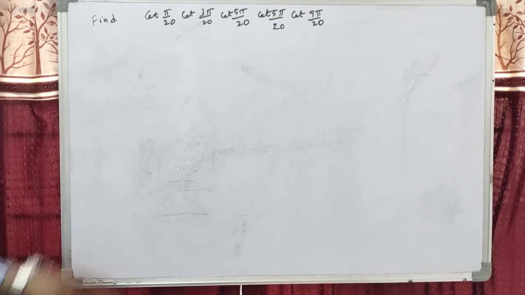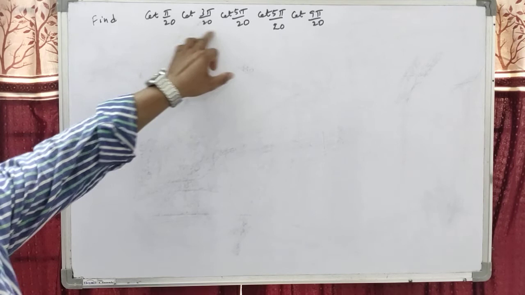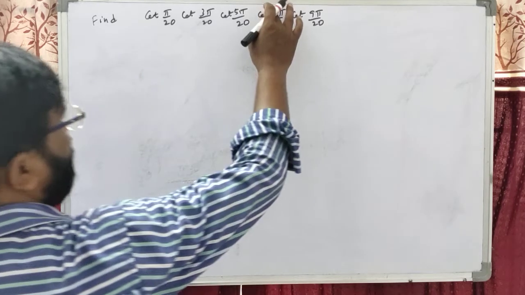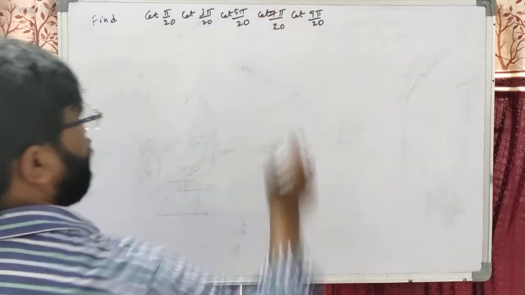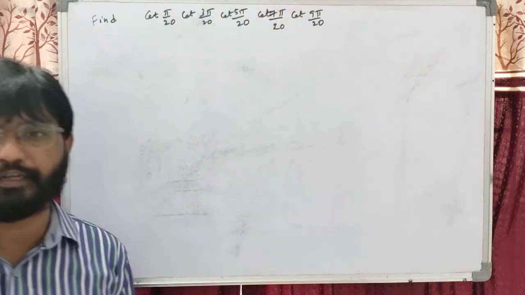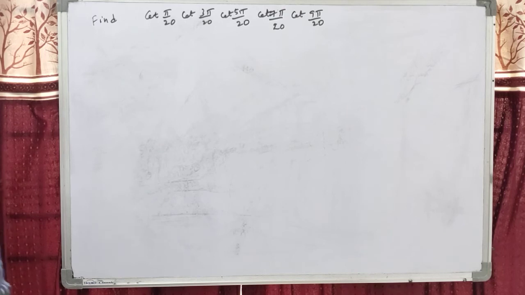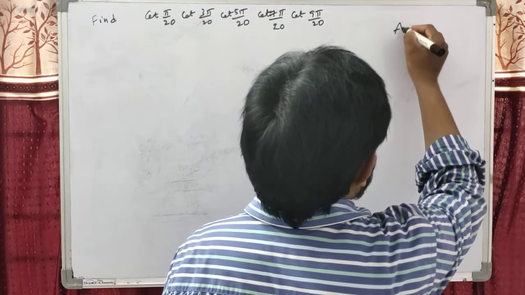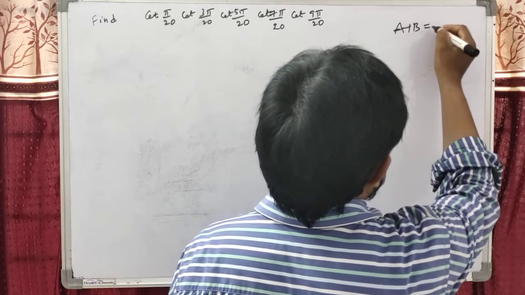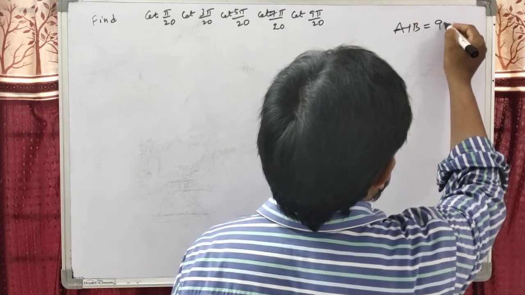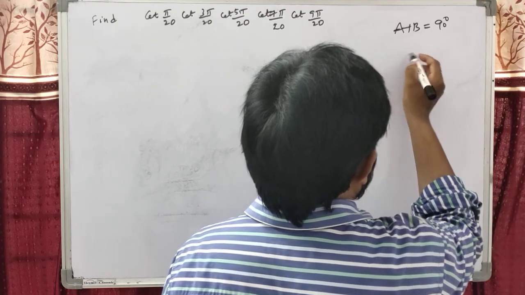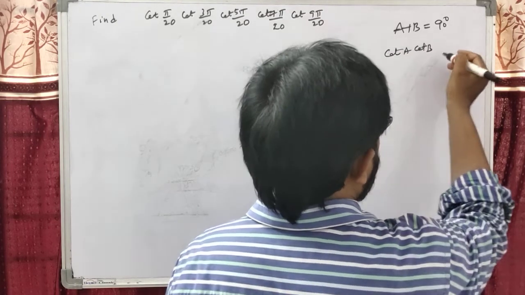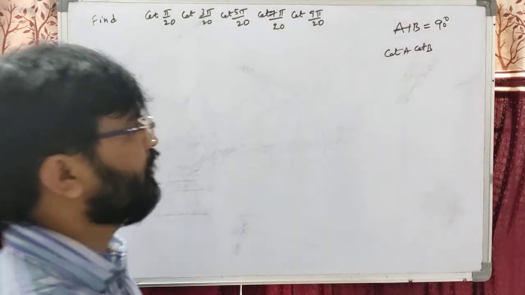Here we have cot pi by 20, cot 3 pi by 20, cot 5 pi by 20, cot 7 pi by 20, cot 9 pi by 20. Suppose a plus b equals 90, then the value of cot a into cot b must be 1. How to write this?